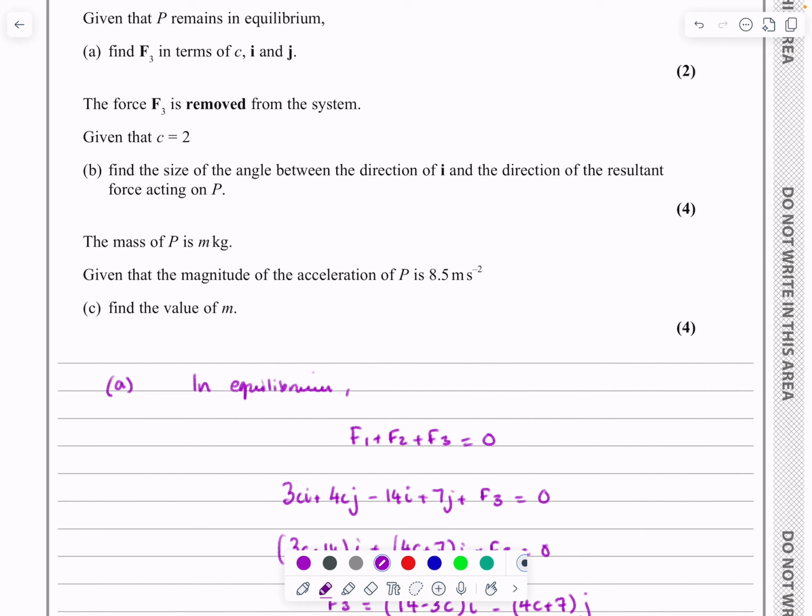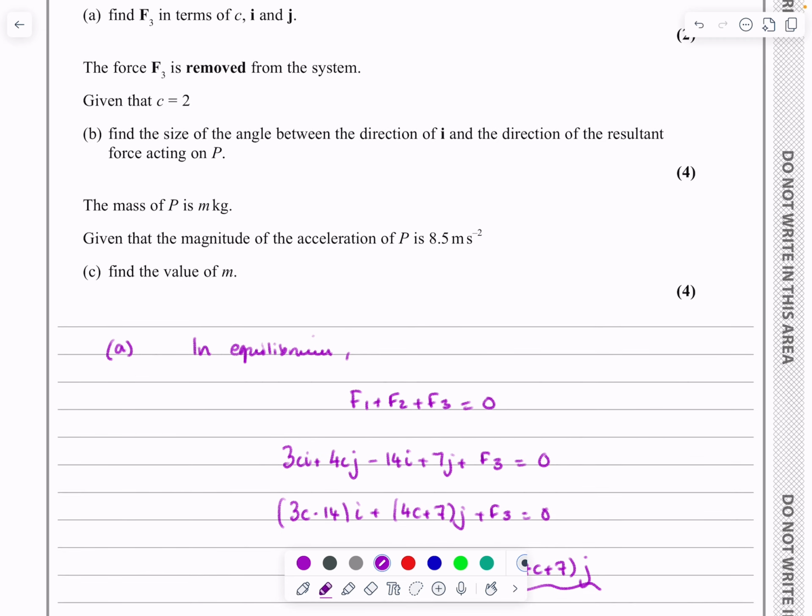And while we're here, let's have a look at part C then. So it says the mass of P is going to be m. If we know that the acceleration of P, or rather the magnitude of the acceleration of P, is 8.5, can we work out the value of m? So yeah, we can.